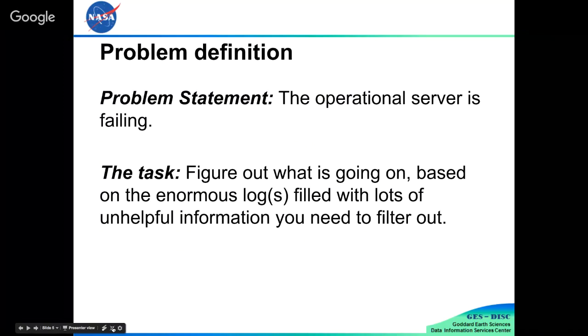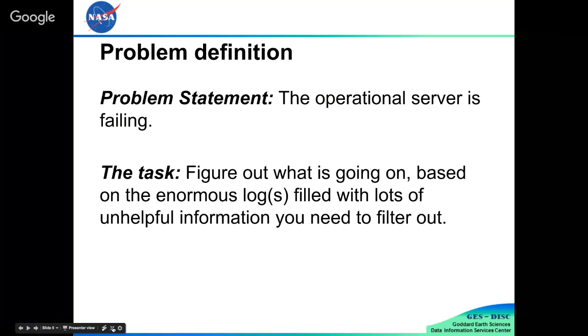the problem here I'm talking about is that you come in and something is going on with the server, and you have to dig through the Apache logs or whatever to figure out what's going on. For me, it's mostly Apache logs, and they're huge. So you have to filter out the stuff that is unimportant to get at the stuff that is important.